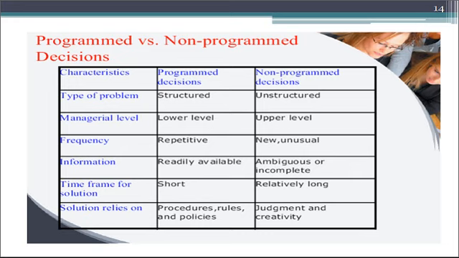So the time frame for the solution is long. The solution for a programmed decision relies on procedures, rules and policies, while the solution for a non-programmed decision is based on judgment, creativity, intelligence or experience of the top management.